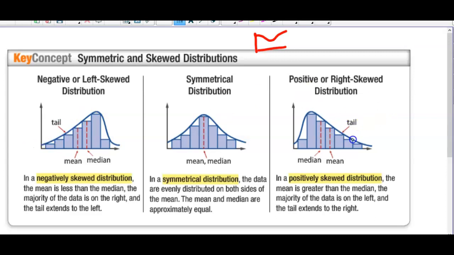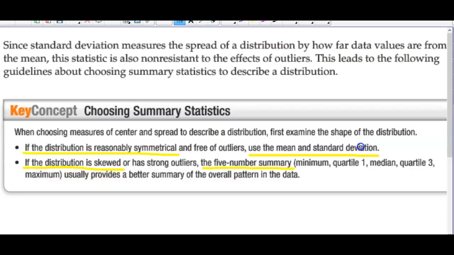A positive or right skewed distribution means the tail has been dragged off to the right. The mode is over here, but the median and mean would be dragged further to the right. So the mean is greater than the median, and the majority of the data is on the left, while the tail extends far to the right. More of the data is over here, but the tail is dragged off to the right.